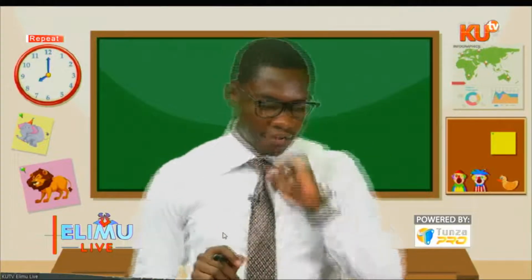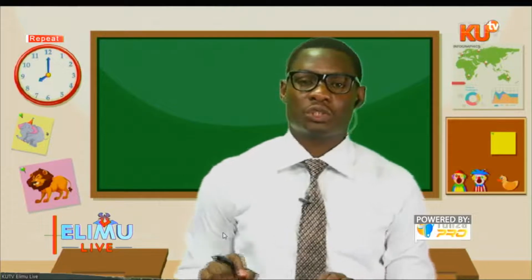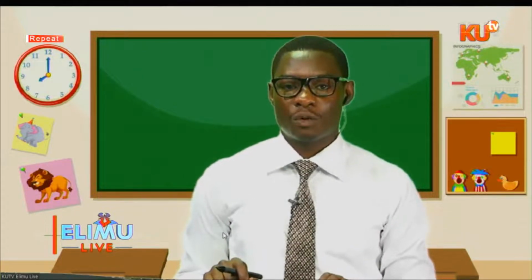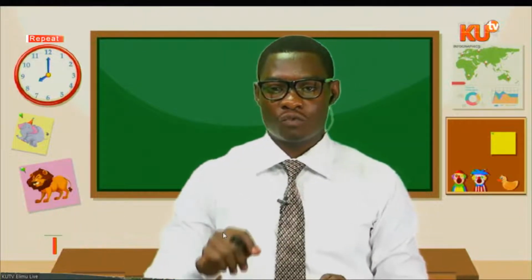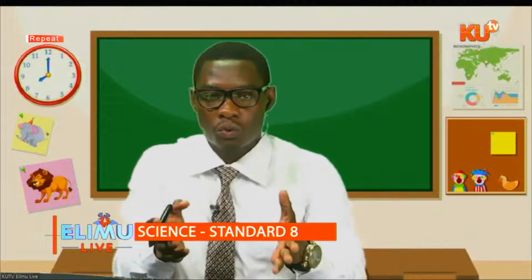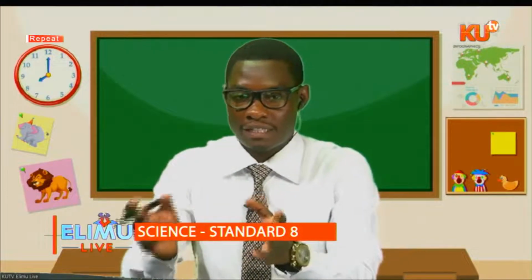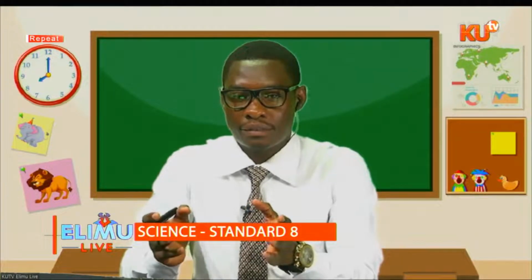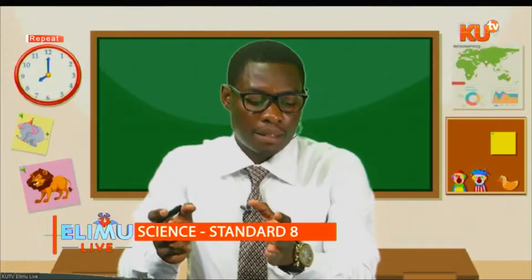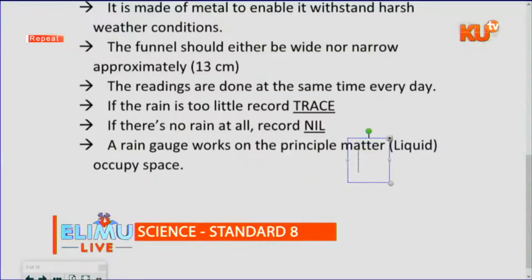A wind vane measures the direction of wind. A wind vane has an arrow and a tail. I'll be showing you the diagrams shortly, just be patient.